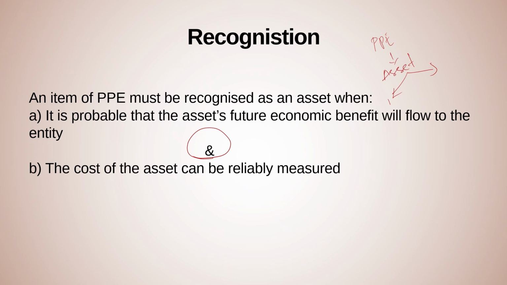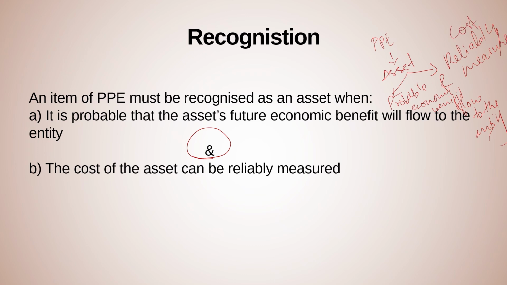One is probable economic benefit flow to the entity, and the second one is that cost must be reliably measured.